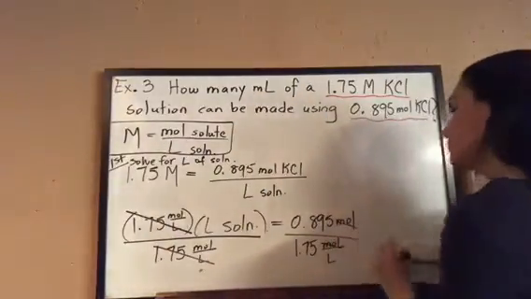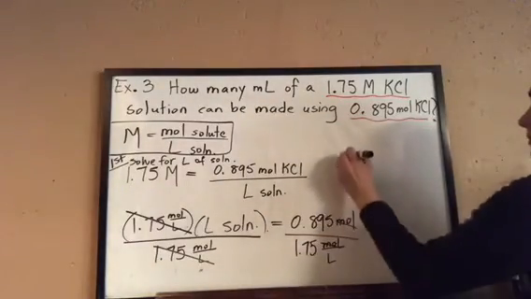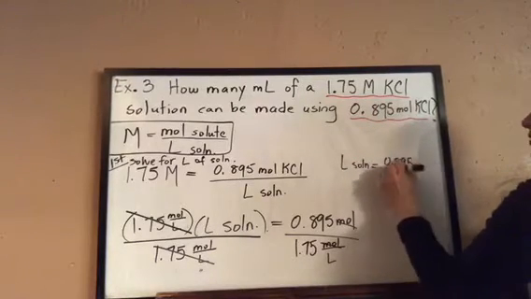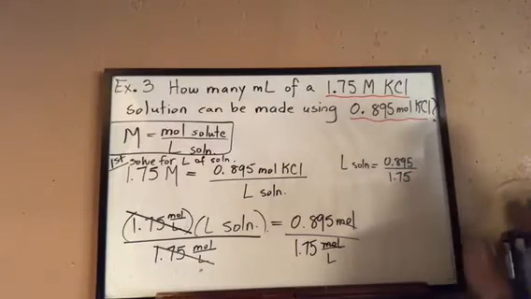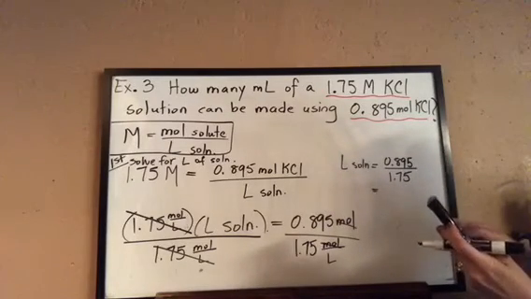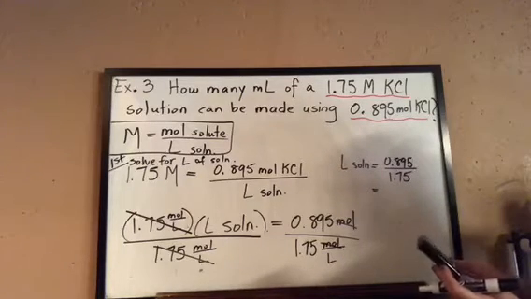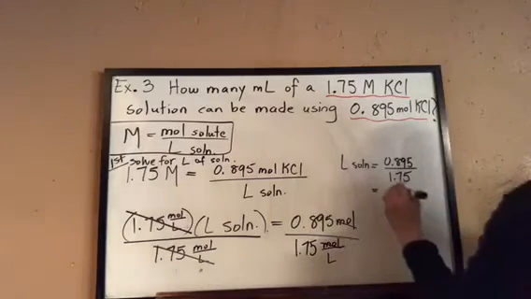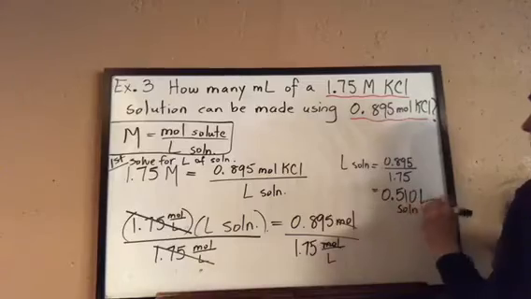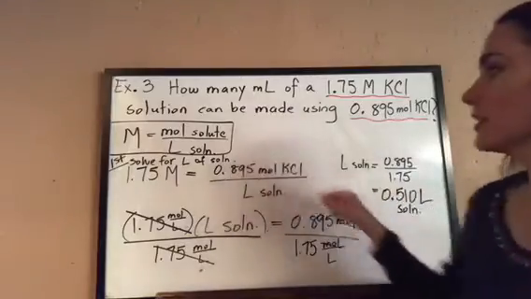On the right hand side, units of moles cancel out, and now we're left with liters of solution equals 0.895 over 1.75. So you have 0.510 liters of solution. I'm just keeping everything with three significant figures. Okay? So that will give us liters of solution.